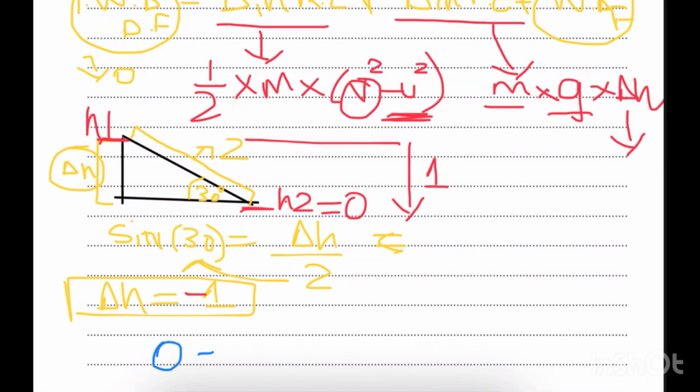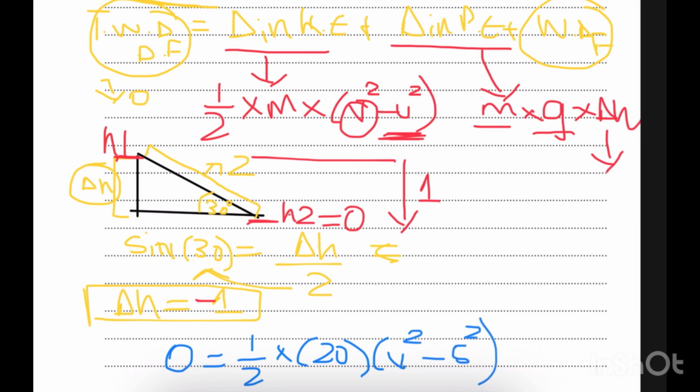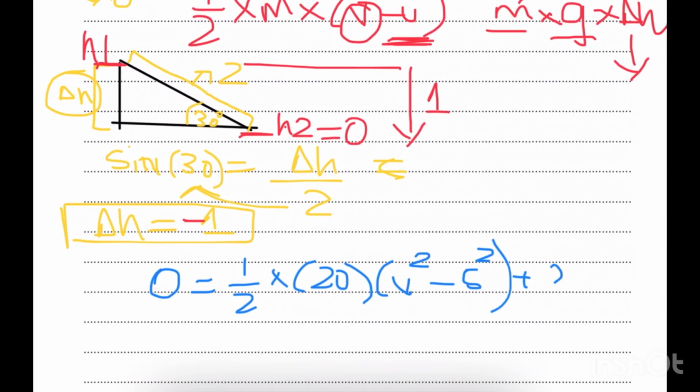0, which is the total work done by the driving force, must be equal to the change in kinetic energy, which is half times the mass, which was 20, times the final velocity, which we don't know, squared minus the initial velocity, which was 5 squared, plus the mass again, times 10, which is the force of gravity, times change in height, which is -1, plus the work done against friction, which was given to us as 50.